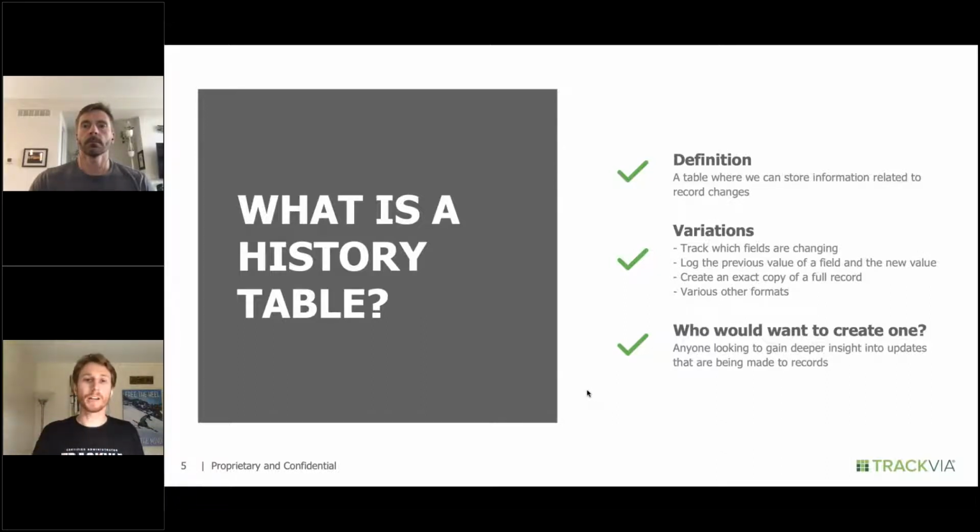You can open up any record in TrackVia, look at it in a form, go to the menu icon in the upper right-hand corner, and click on history. And what that shows you is a log of every single change that has ever been made to that record. Who made the change, when they made the change, what the values of the change were. It's really granular, it's excellent.